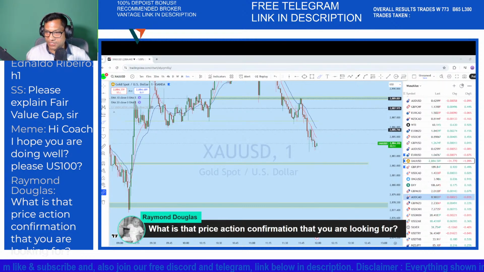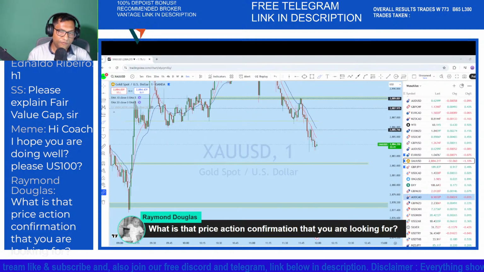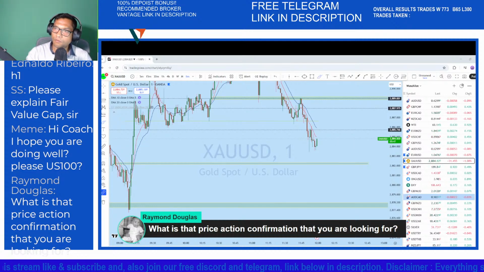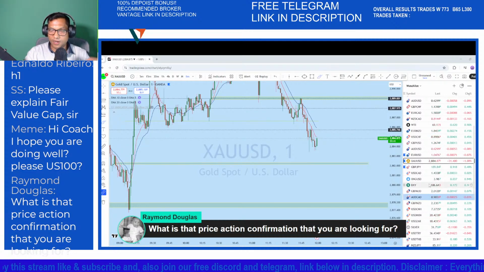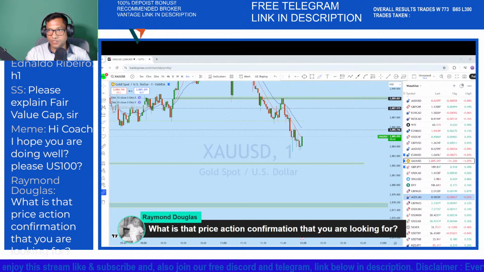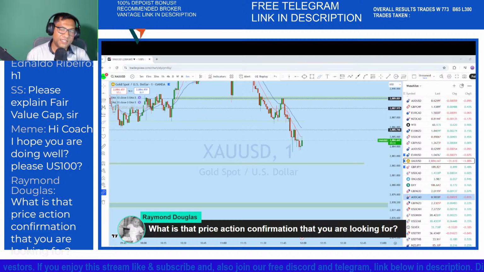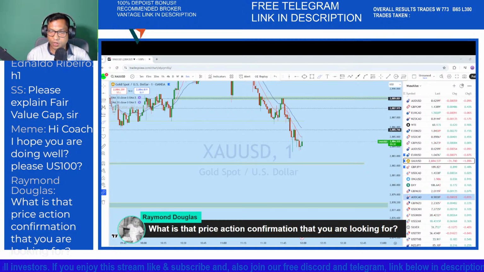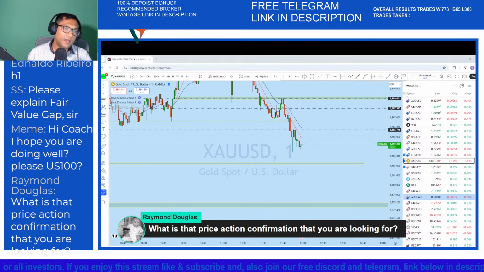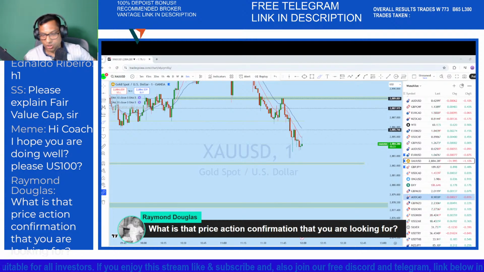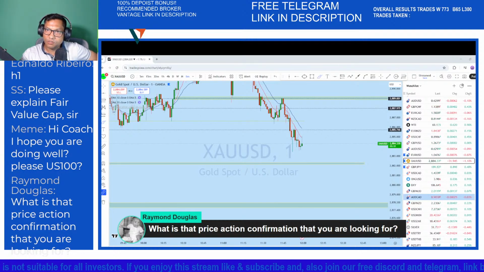What is the price action confirmation that you are looking for? Well, the price action confirmation, this is a very crucial question as well. A very important question to look at. What is the price action confirmation that we'll be looking at? Now, I would like to ask the same question to all of you guys. What is the price action confirmation that we are looking at in this market? So let's find out.